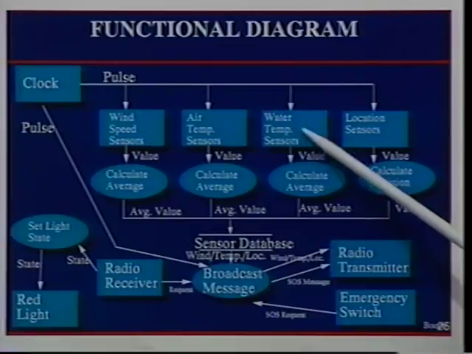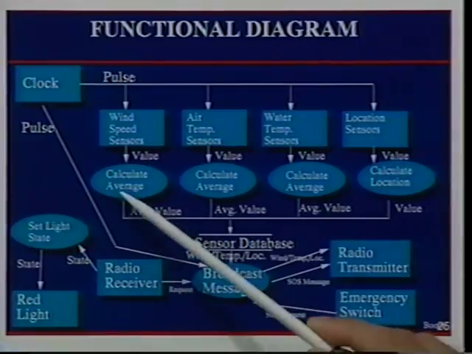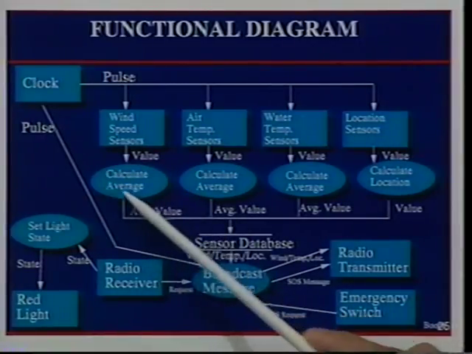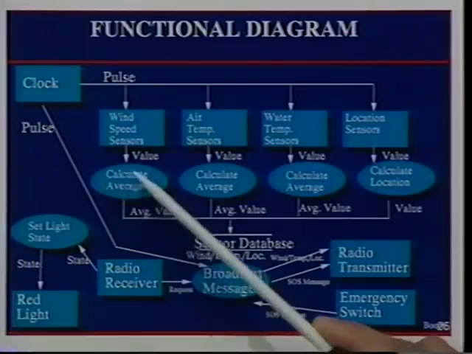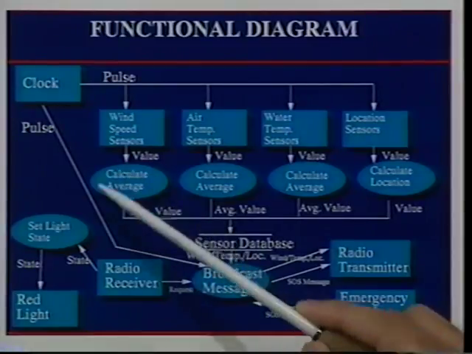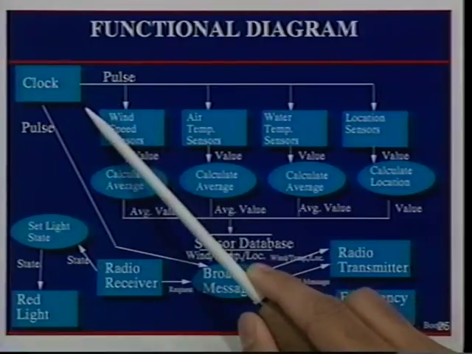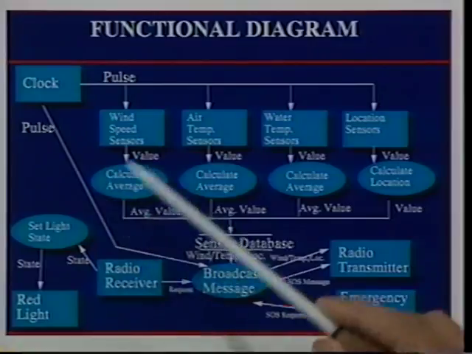The water temperature sensors take the water temperature information, and the location sensors take the location information. And remember, in the functional diagram we have these oval shaped units which are the processes, and we are soon going to take this out into the object diagram. We can just move this from here into the object. So in the object notation, we encompass all these things in one object.